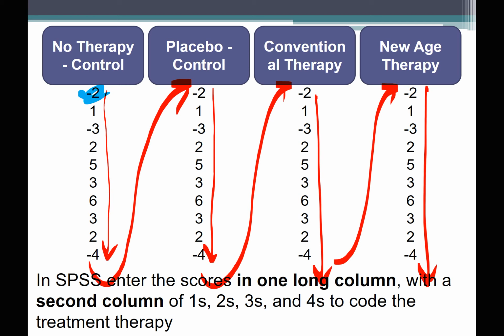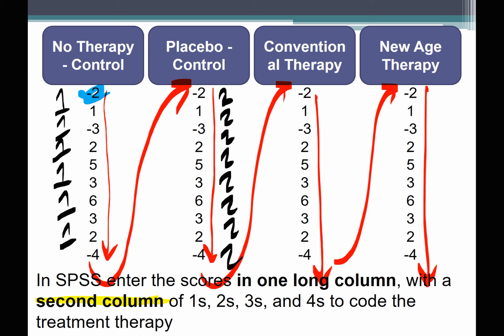Then next to that, you would have a second column, and in that second column, you would put next to each of these a 1 for being in this group, right? Then the next group, next to each of them, you would put 2, and that means they're in this group. These ones are all 3, and these are all group 4.